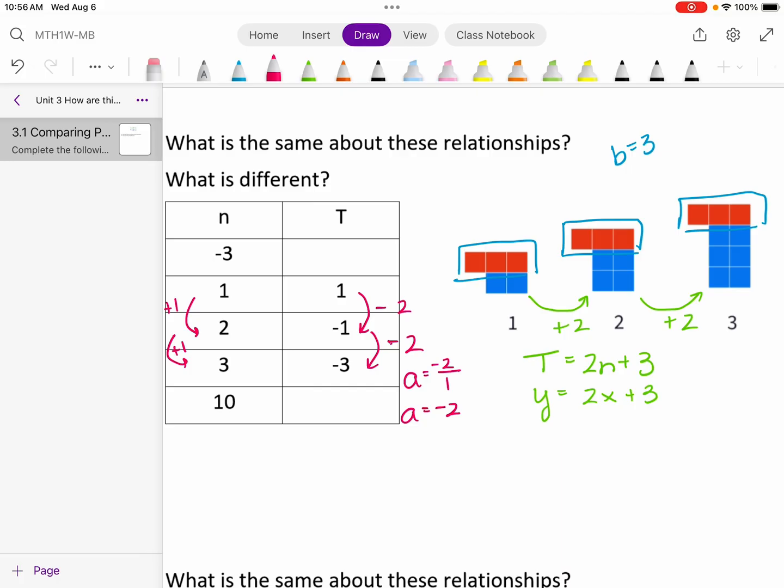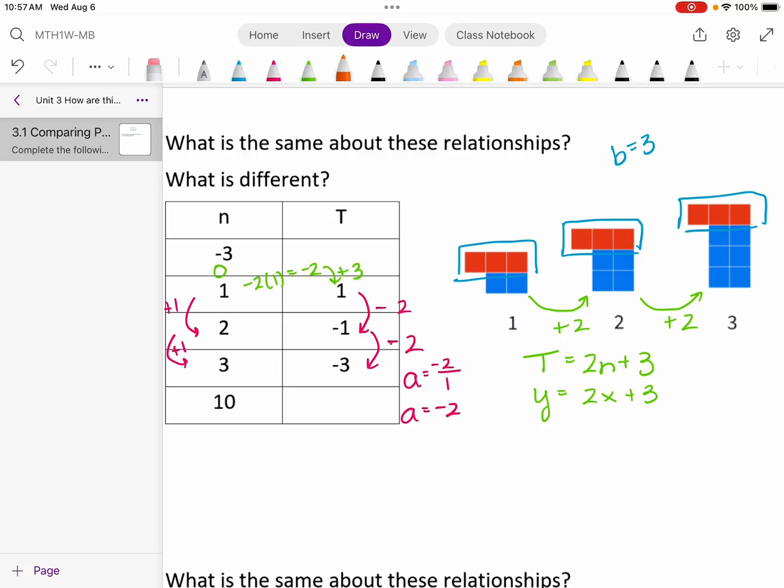If I want to find my constant, I can do that in 2 different ways. I can either take my multiplier, so my negative 2, and times it by 1 to get negative 2. What do I need to add to negative 2 to get positive 1? I have to add 3. Or I could work backwards and find my 0 position.